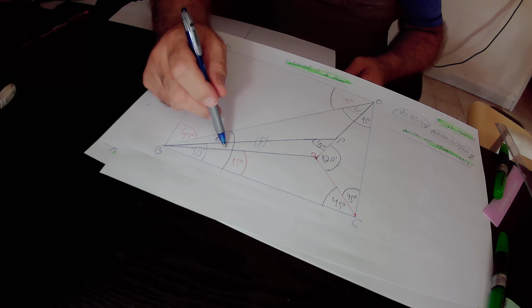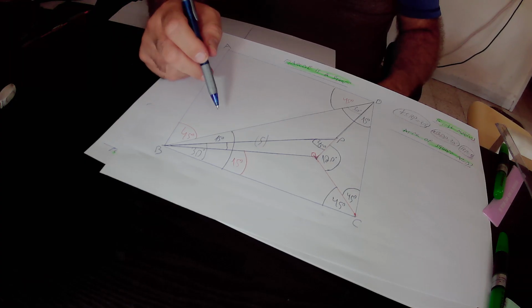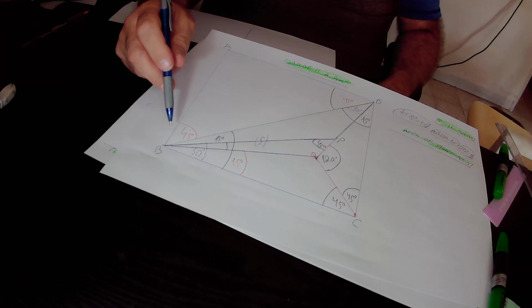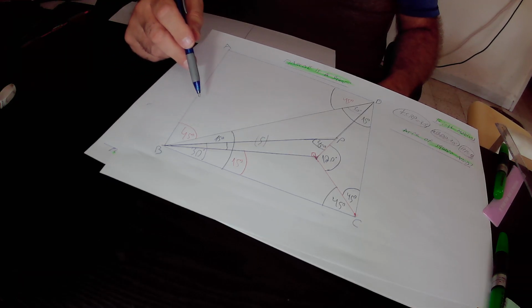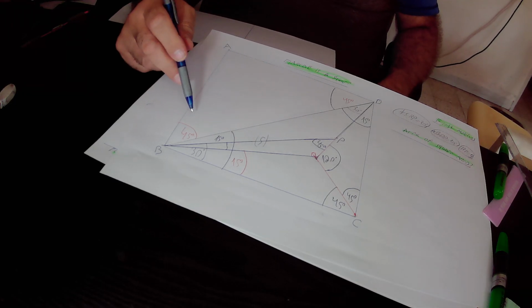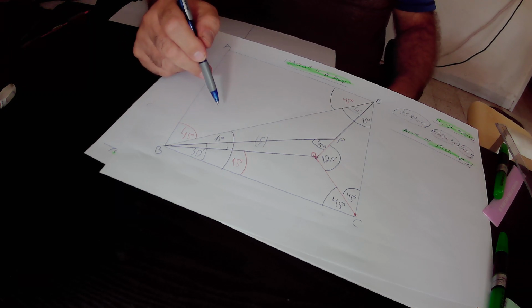What is the size of this angle? We know that in total, diagonal DB bisects angle ABC into two halves. Each half must be equal to 45 degrees in size. The first half is 45 degrees. This is the second half.